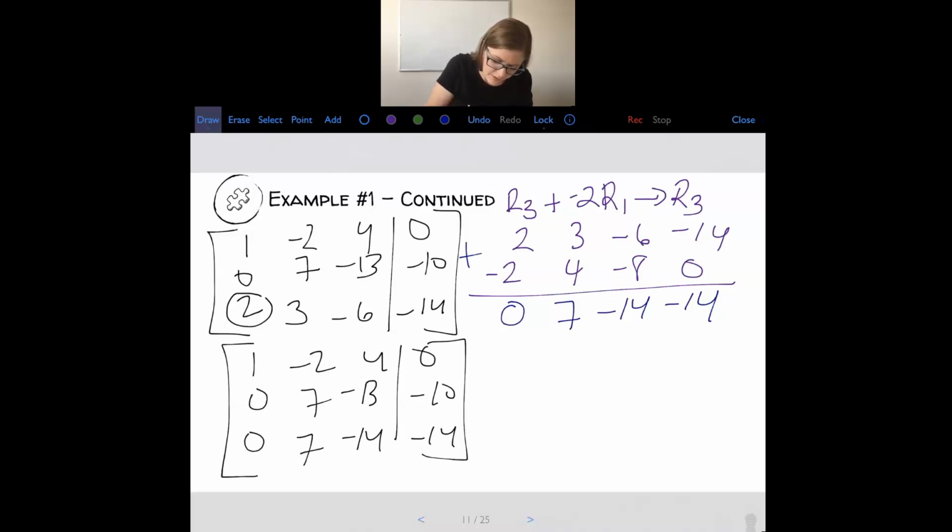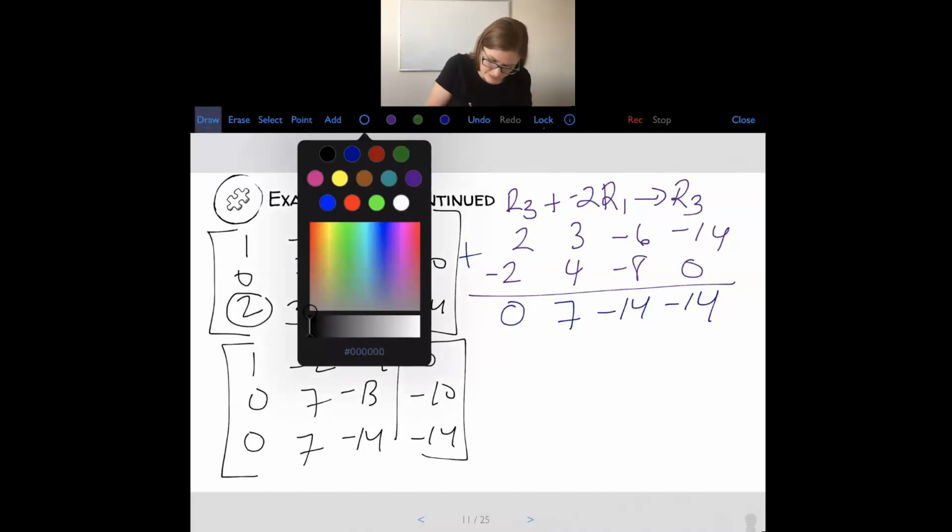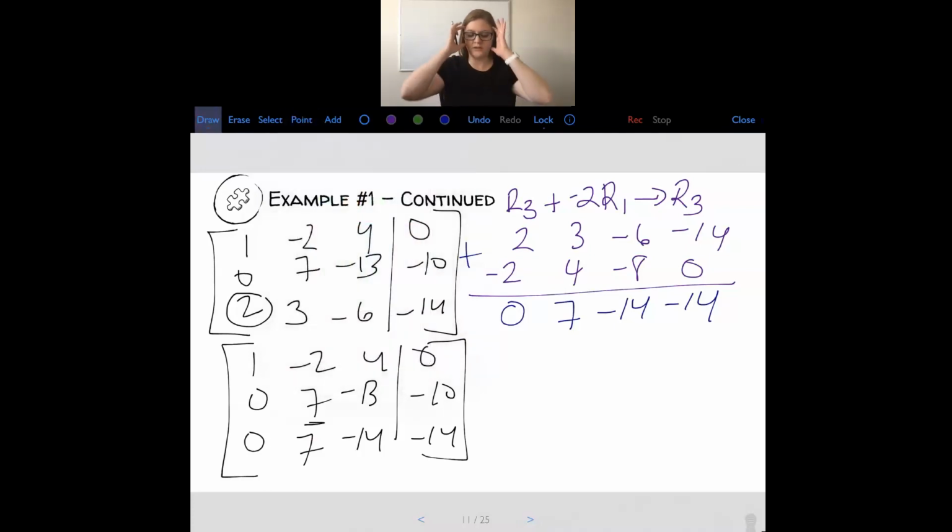Next I need to work on column 2, and I really need to get the 1 in this position here. But looking at my rows, I would rather divide row 3 by 7, because those numbers divide by 7 a little more easily than the numbers in row 2, and then I'm going to interchange those two rows.